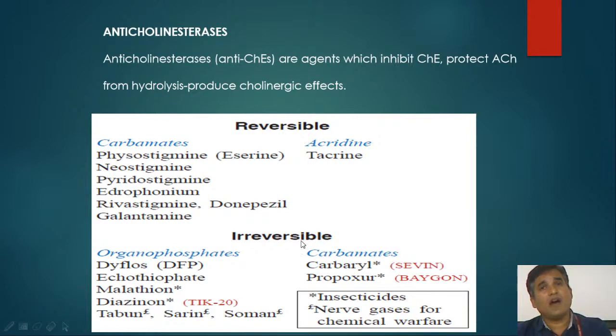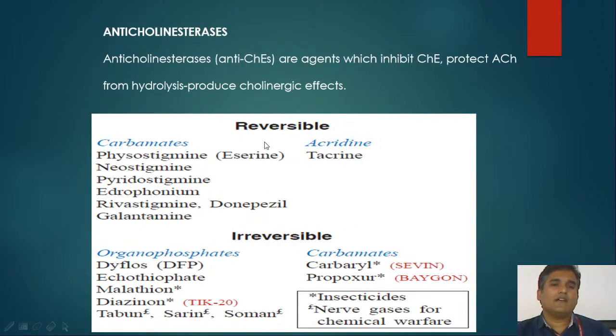Irreversible means once it binds to the enzyme, it inhibits the enzyme for a comparatively longer duration, especially in the case of organophosphate compounds, where the enzyme is permanently inhibited until fresh enzyme is produced. That is why it is irreversible, and its recovery time is comparatively higher.